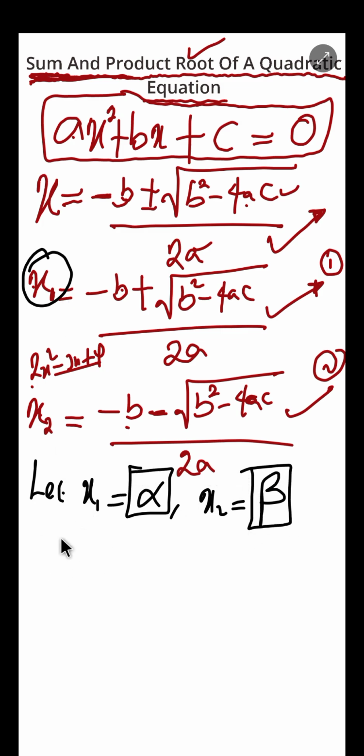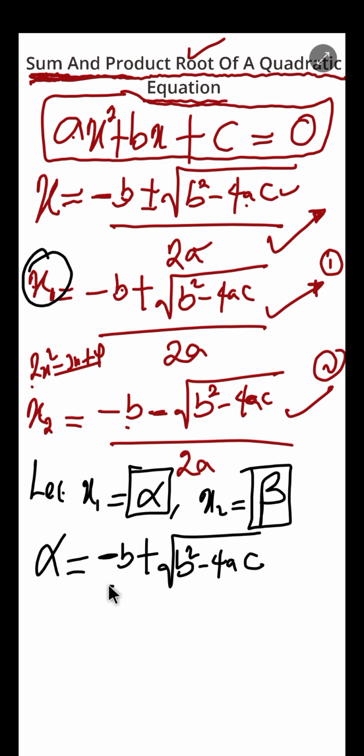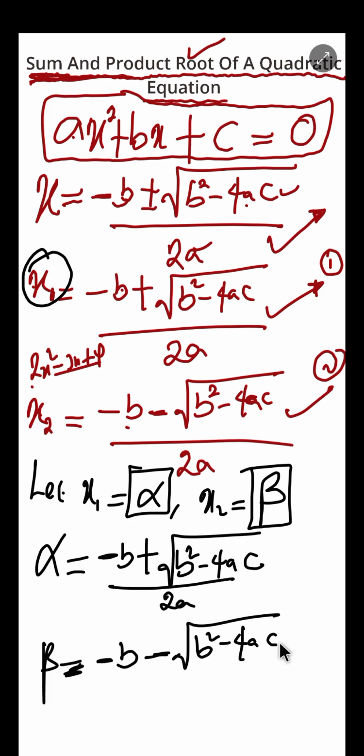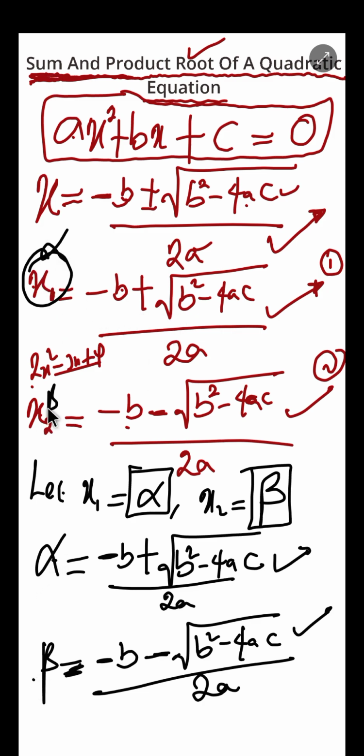Alpha represents minus b plus square root of b squared minus 4ac over 2a, and beta represents the second solution, minus b minus square root of b squared minus 4ac over 2a. Alpha and beta are the roots. If I ask you to find the sum of the roots, that means I want alpha plus beta. What if I ask you to find their product, that is alpha beta?